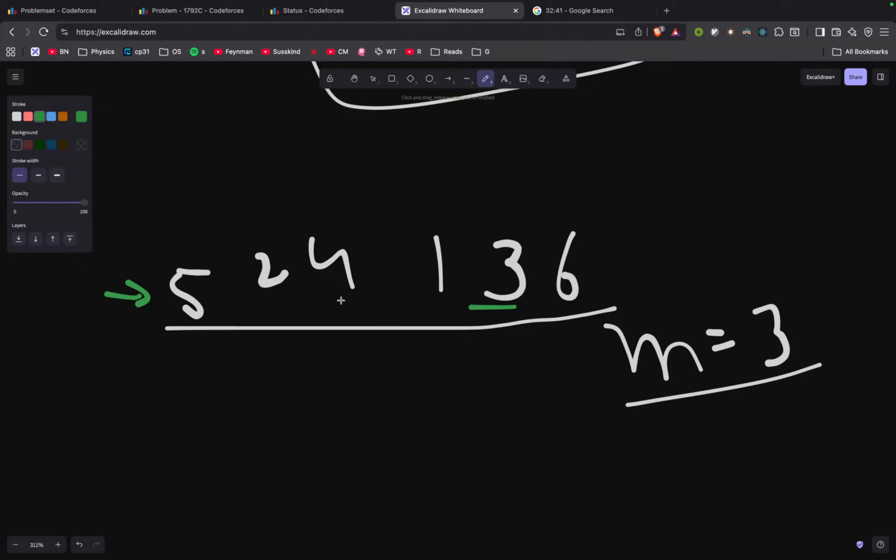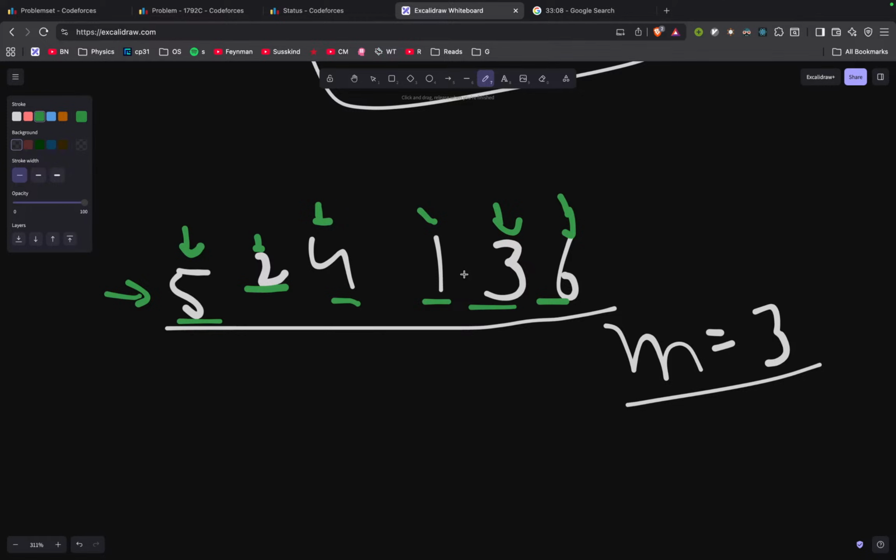Okay, we know that 3 and 4 are out of order, and they should be in order. You also see that 1 and 2 are out of order, and 5 and 6 are out of order. 1 and 6 should be in order, and 2 and 5 should be in order, which they are not, and 3 and 4 should be in order, which they are also not.